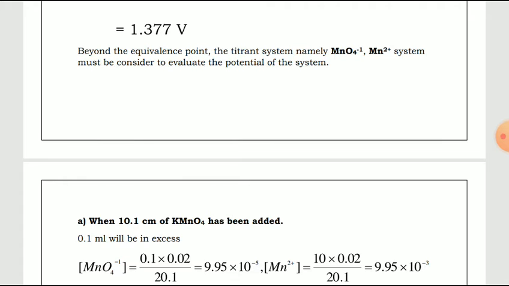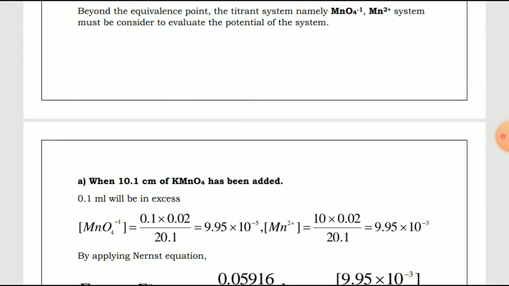Why? Because whatever Fe2 plus ion solution is present in the conical flask or beaker, all of it will be utilized to convert to Fe3 plus ions. Then there is no possibility to convert excess Mn2 plus ions, only about 10 ml. So that's why 10 into 0.02 upon 20.1, when we calculate this, we will get 9.95 into 10 raised to minus 3 value.